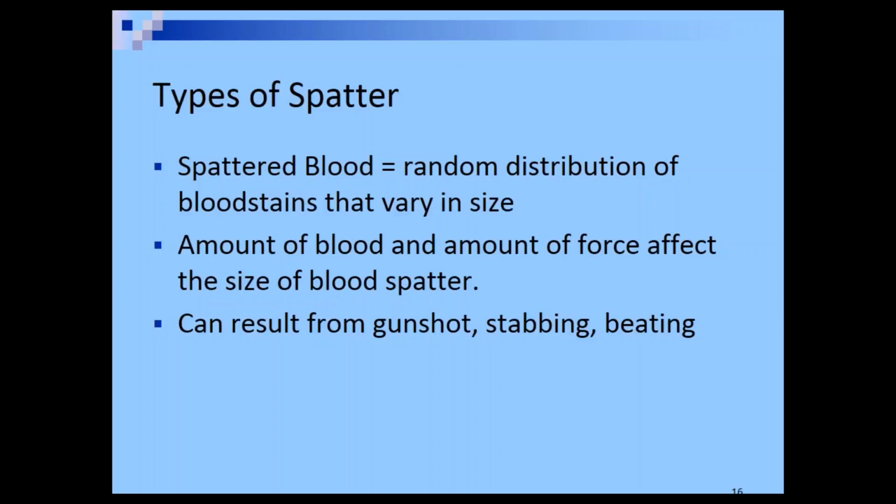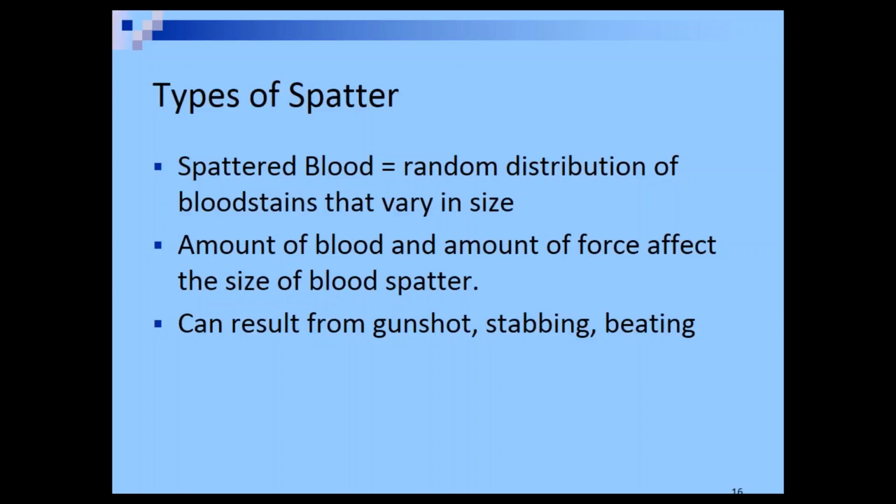In other words, his hand was outstretched as he was firing a weapon. So this type of analysis can be done to determine not just the direction that the blood came from, but also the position of surfaces, in this case the chest and the arms, when the impact was made.